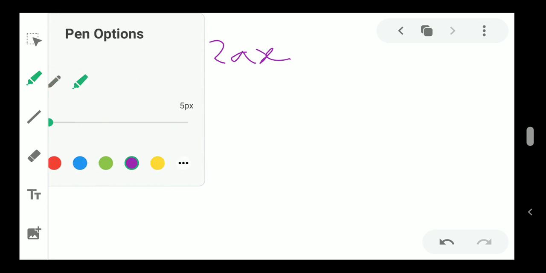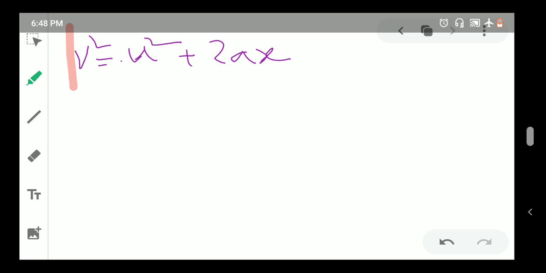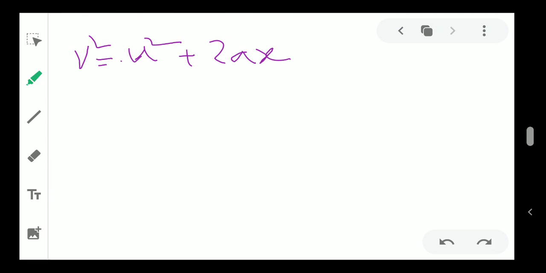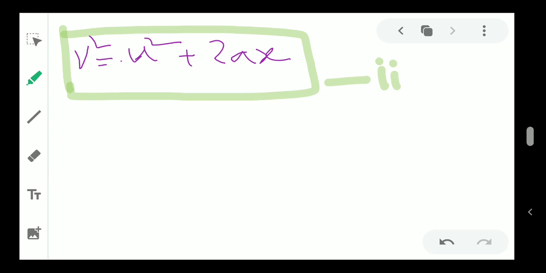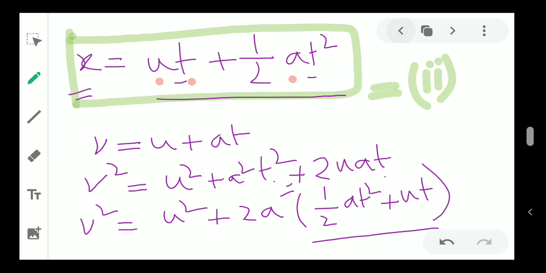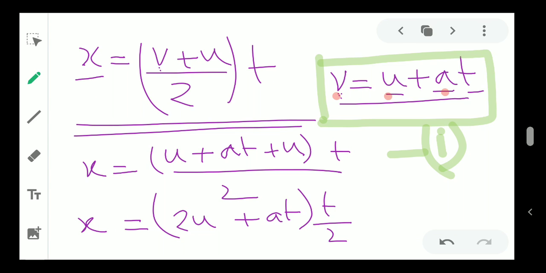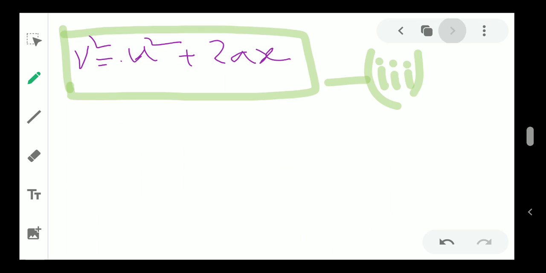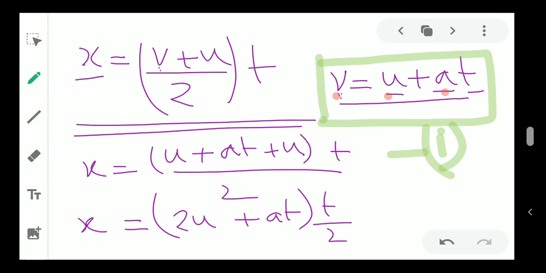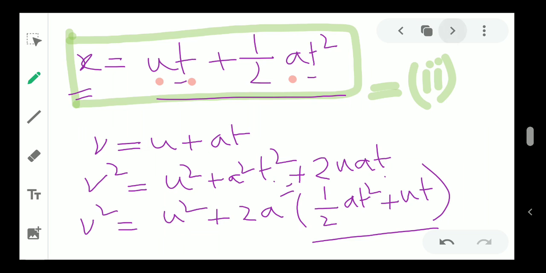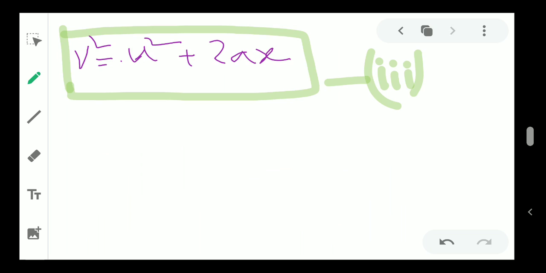And this is my third equation of motion. So these are basically the 3 equations of motion that we are going to deal with whenever we have numericals to do. The first one is this one, the second one is this one, and the third one is this one. Whatever we need to find, we can do accordingly using these parameters and equations.